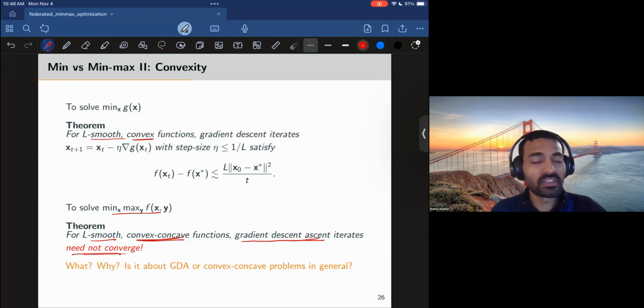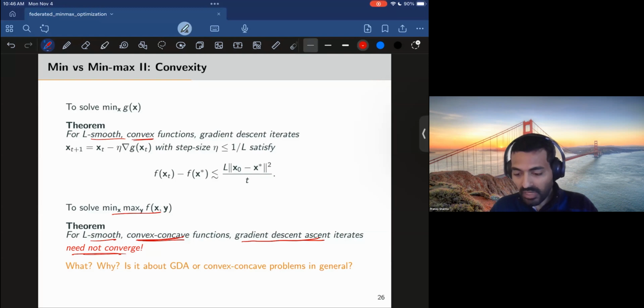So you might have convex concave functions, and we'll see an example shortly, for which this simple gradient descent ascent algorithm might diverge, right? This is surprising. We just went from strong convexity to convexity, or strong convex, strong concave, to convex concave, and suddenly we lost convergence, right? So this is slightly surprising.